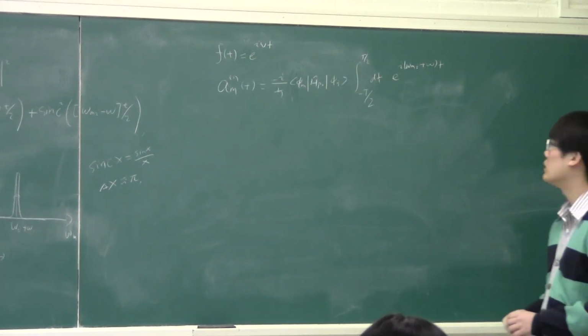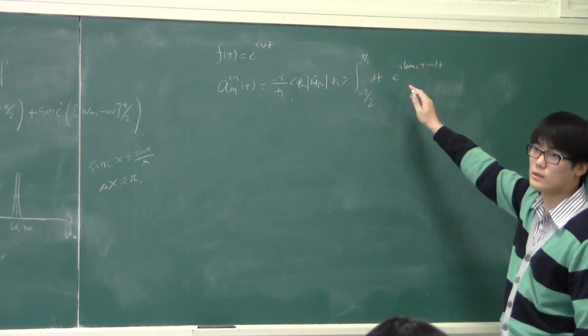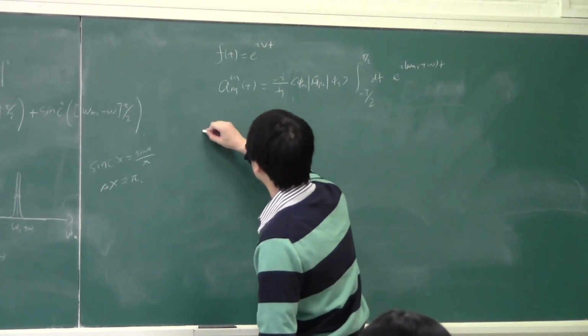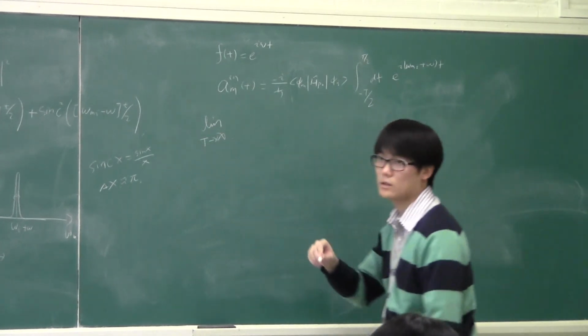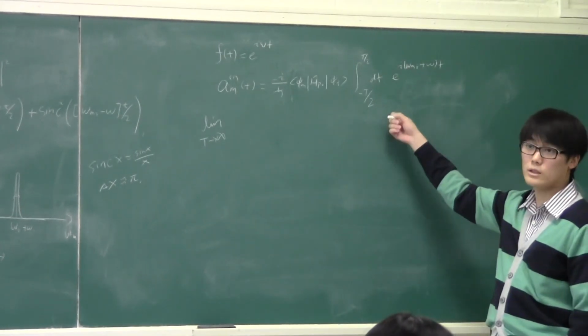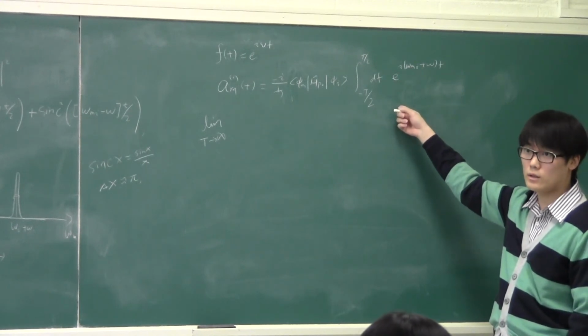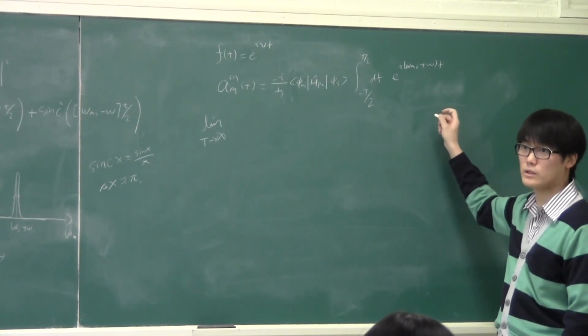Now, what happens when I take the limit as t goes to infinity? This goes to a delta function, but with a 2 pi in front of the delta function.